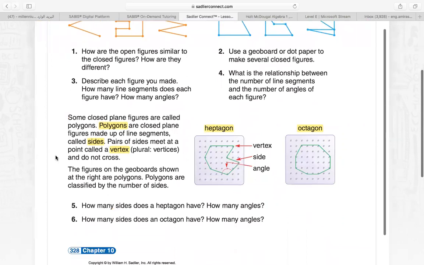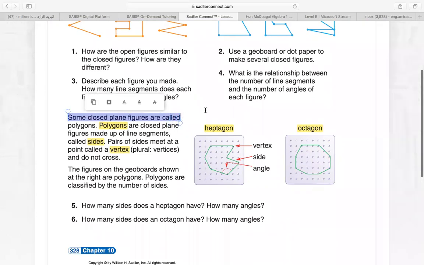Okay, girls, follow me, please. Some closed plane figures are called polygons. Focus on closed figures, because open figures are not called polygons.